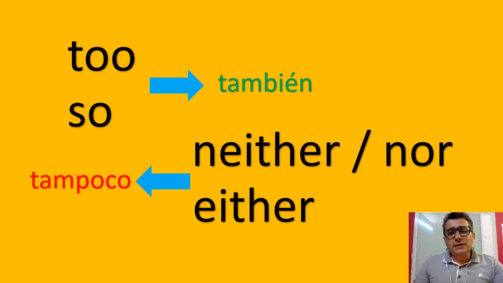Those expressions are used to agree with the negative statement that we are going to see a little bit further. And in Spanish, those expressions mean tampoco. So what we are actually expressing in English using these 5 expressions, too, so, neither, nor, and either, is también and tampoco. Let's check how to agree.